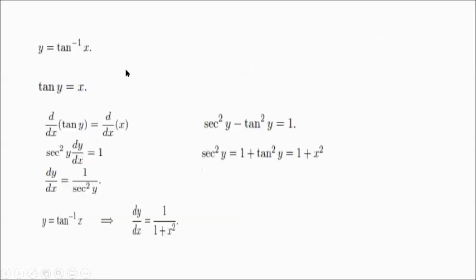So inverse tangent ng x. So how to get the derivative of this one? So input tayo ng tangent dito. Tangent, and then tangent dito. So magiging tangent y is equal to x, kasi tangent ng inverse tangent ng x, class, kumbaga opposing lang sila.